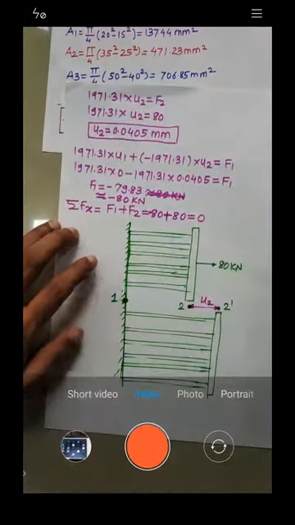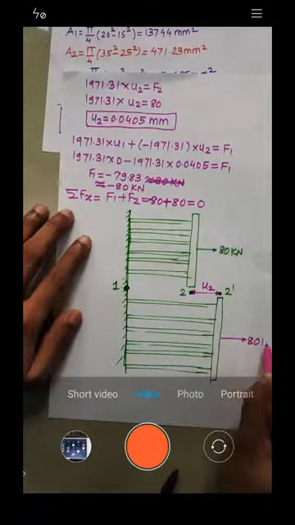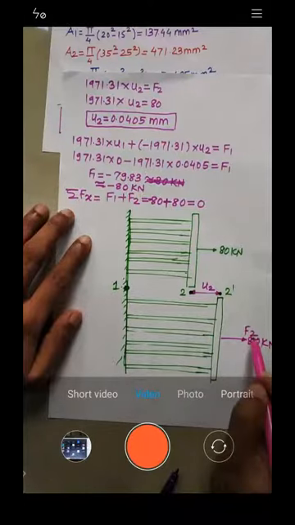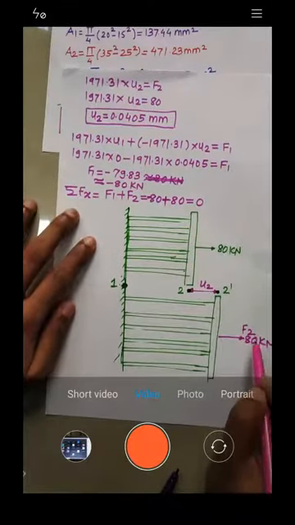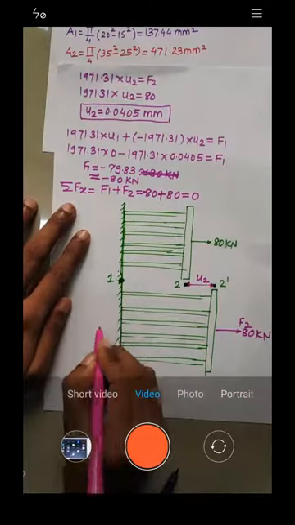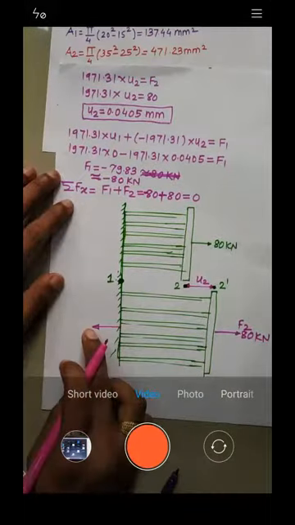Now see, when you apply F2 force, that is 80 kilonewton, at node 2, what happens? A force of equal magnitude but opposite direction will be generated at node 1.